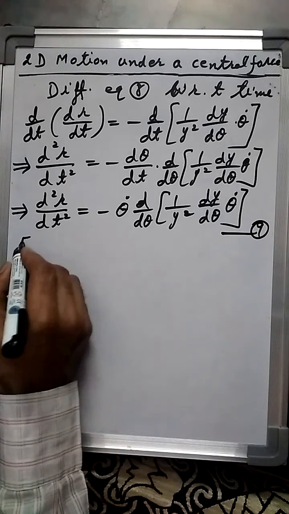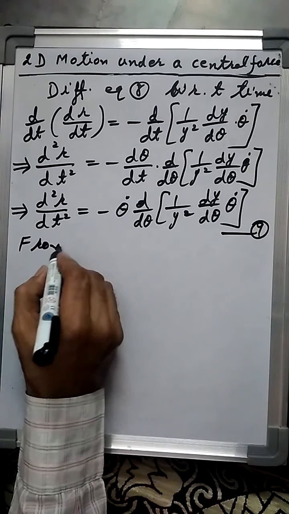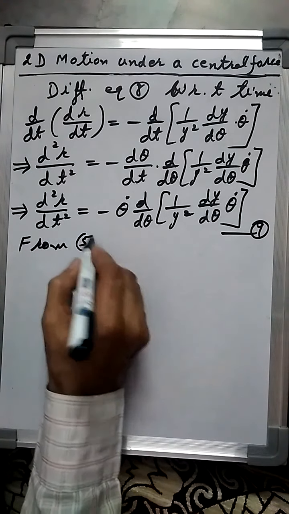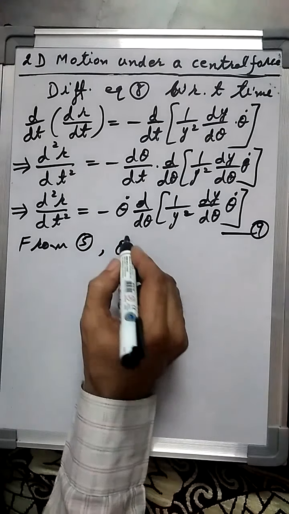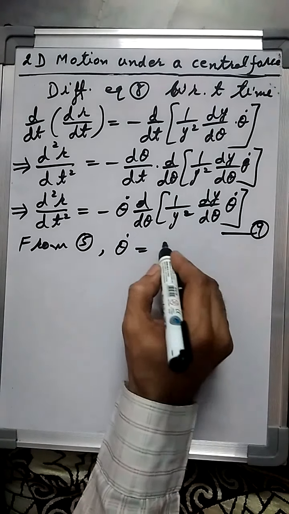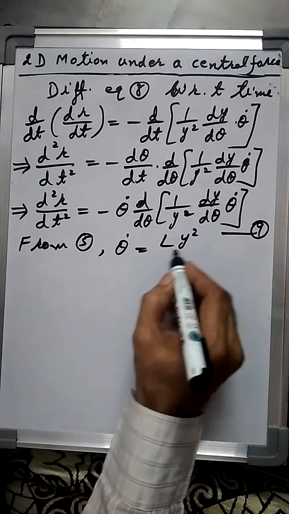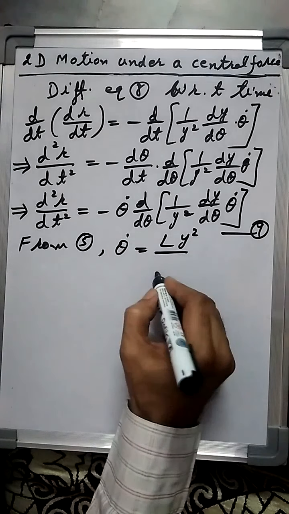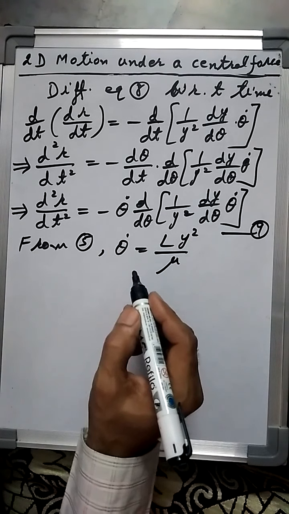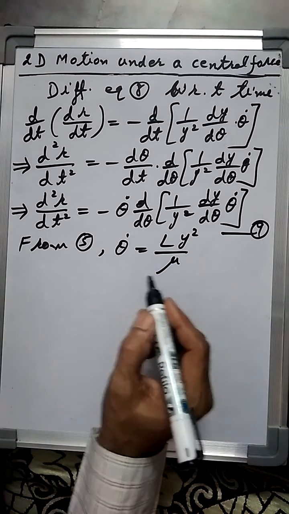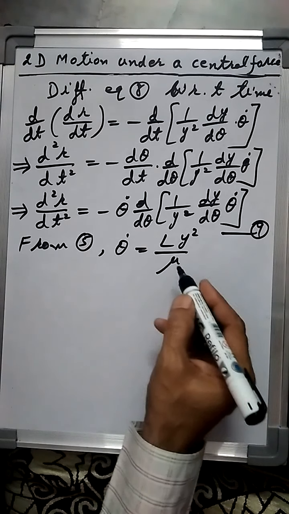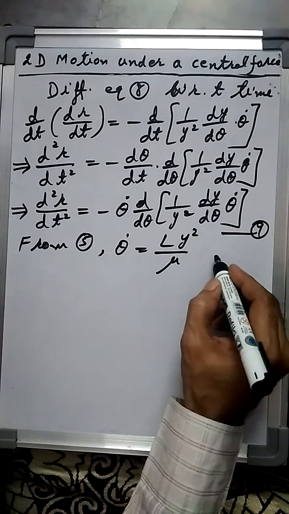Now from equation number 5, we can find the answer for theta dot as L y square upon mu, using r is equal to 1 upon y.